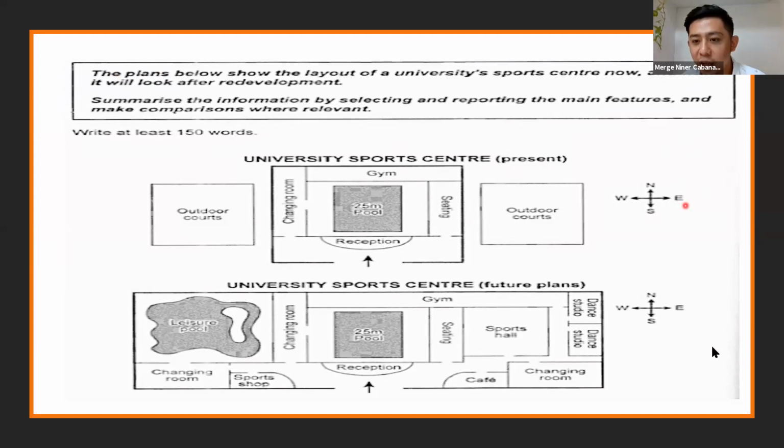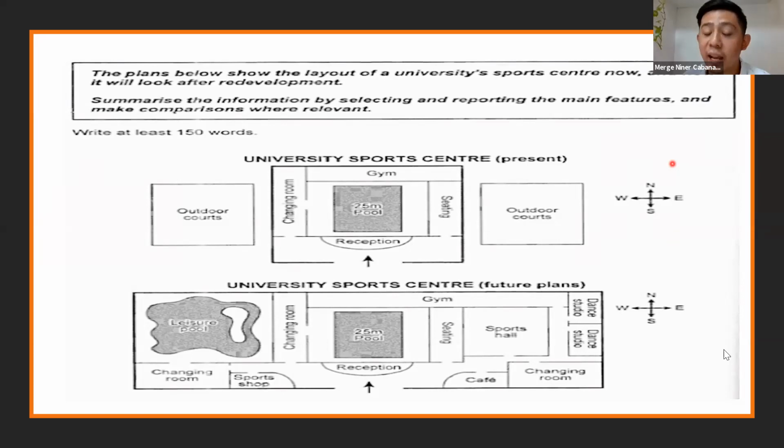Okay, Nina. Does Nina have her example, Sir Aljay? Yes, Nina. Let us hear it. The illustration presents information of the design of a university sports center from present and future plans. It shows the reconstruction of the infrastructure. Okay.